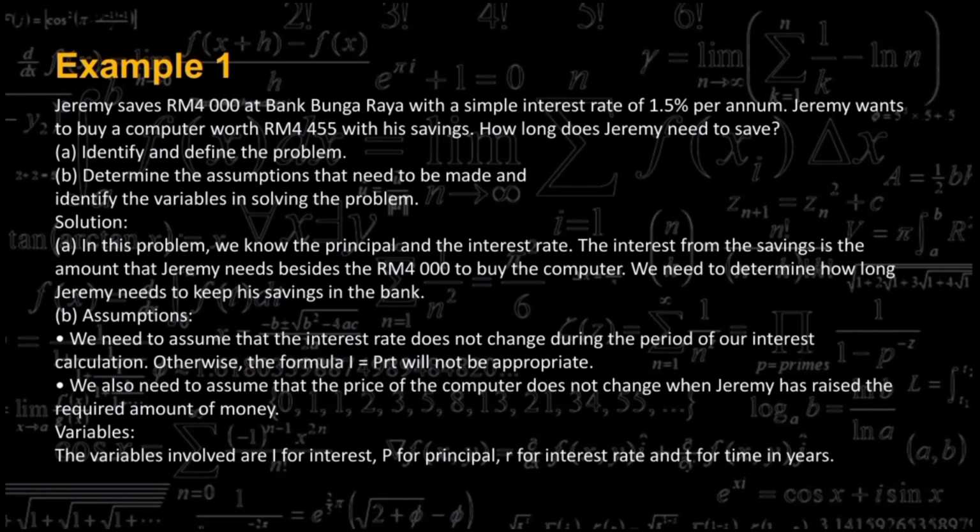Example 1. Jeremy saved Rm4,000 at Bank Bunga Raya with a simple interest rate of 1.5% per annum. Jeremy wants to buy a computer worth Rm4,455 with his savings.